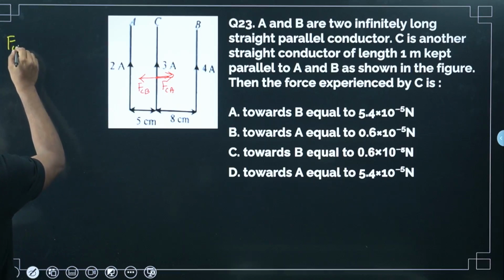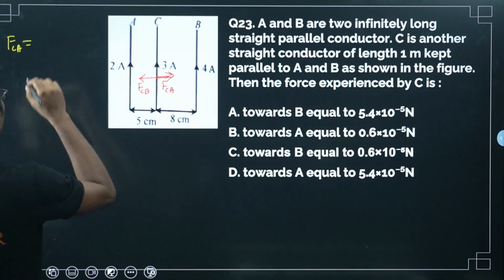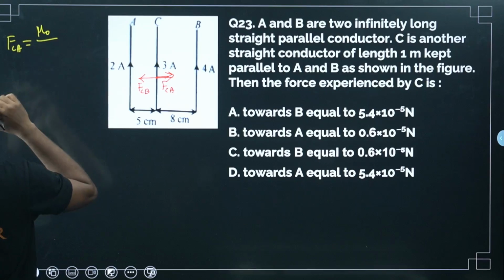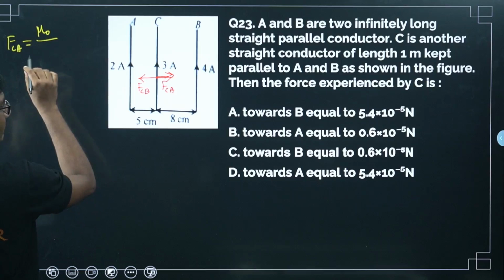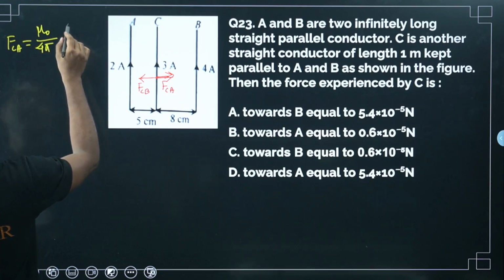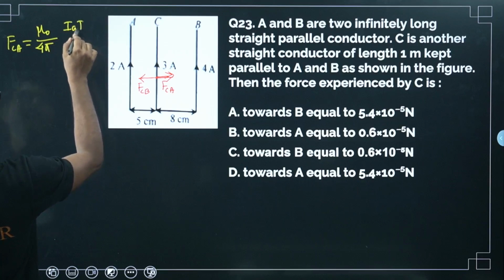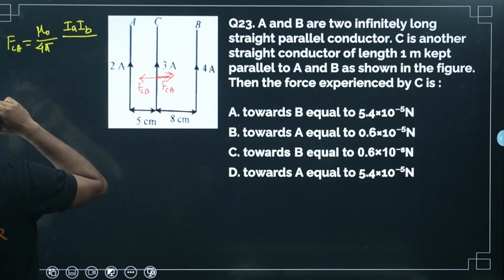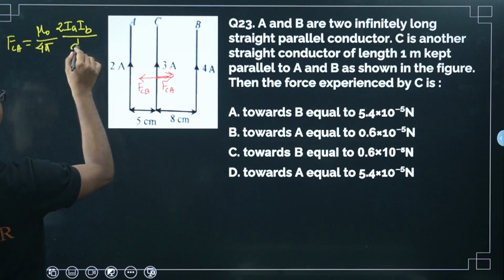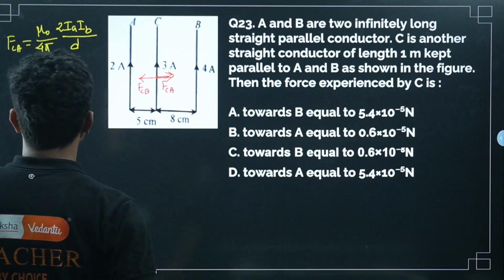Force CA is equal to mu naught by 4 pi, I C I A L by d. Right, this is the formula.